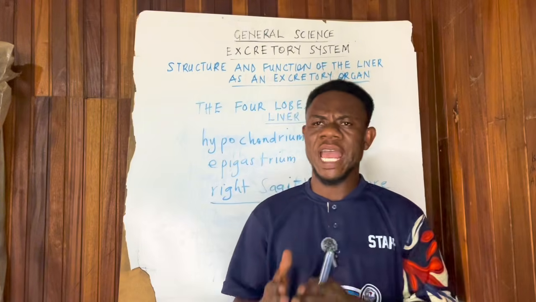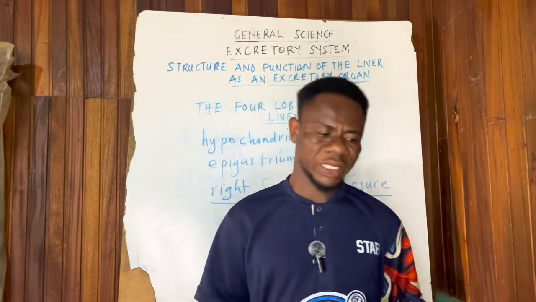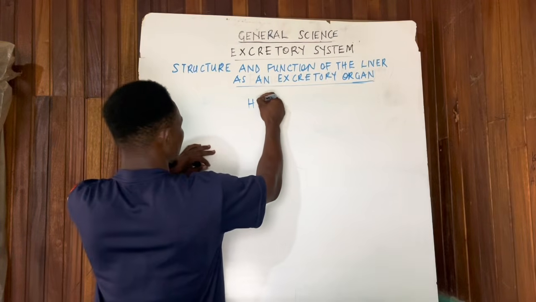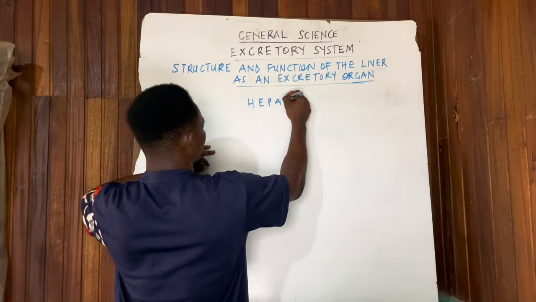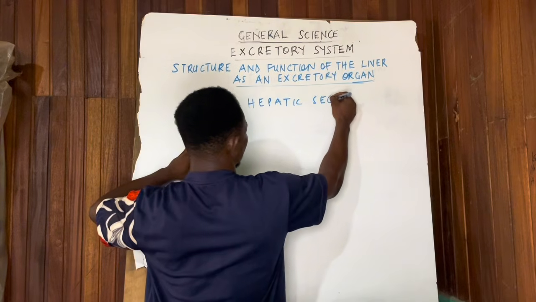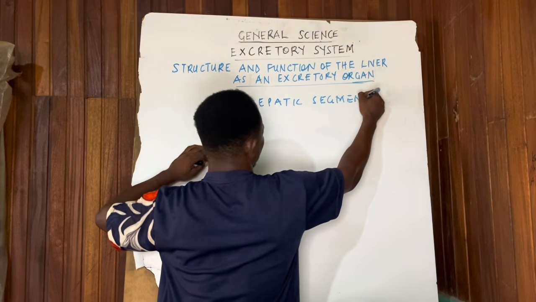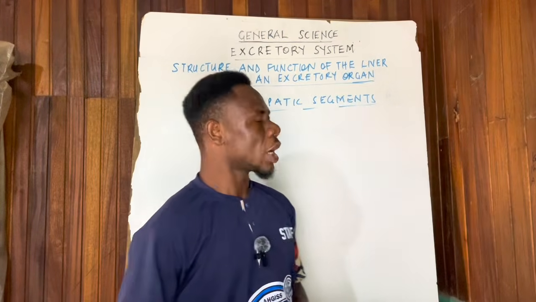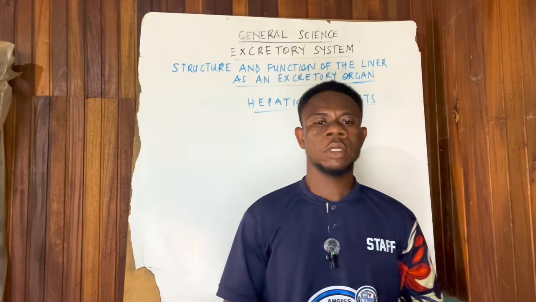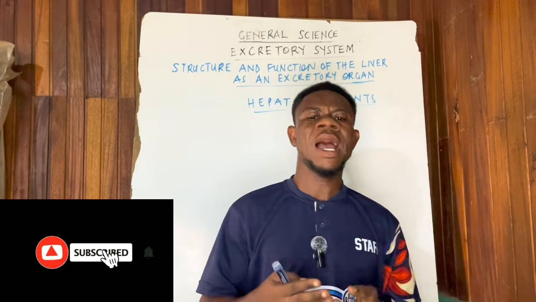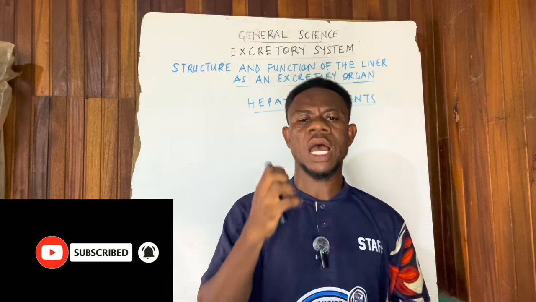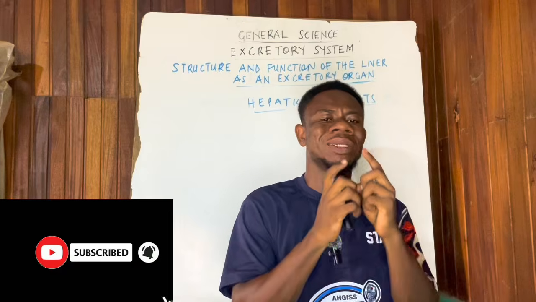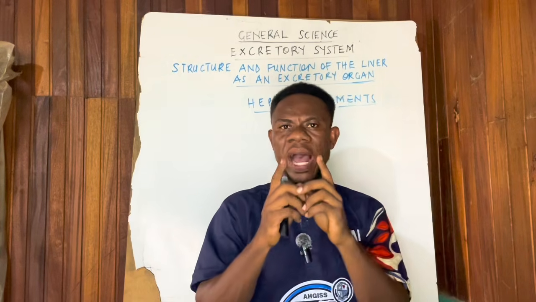Okay, so let's take the hepatic segments, which has 8 segments. Hepatic segments are 8 functional divisions of the liver, each with its own blood supply and bile drainage.